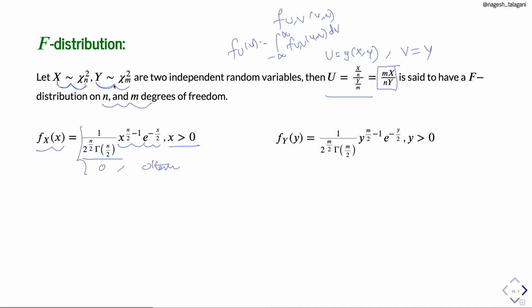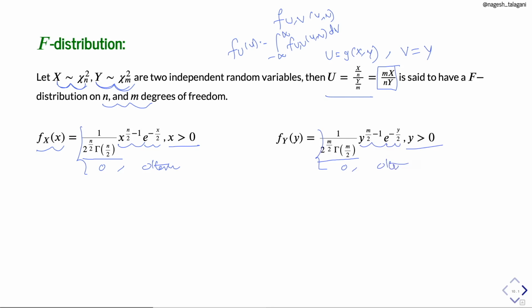Okay, and y is a chi-square random variable with m degrees of freedom. So the PDF of y, f y of y, equals 1 by 2 to the power of m by 2 gamma m by 2 times y to the power of m by 2 minus 1 times e power minus y by 2 for y positive, 0 otherwise.